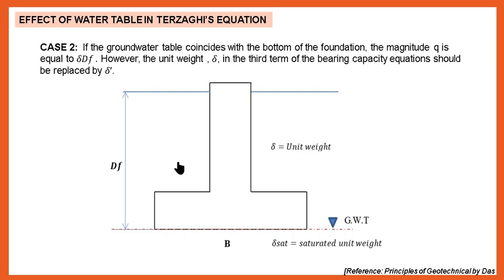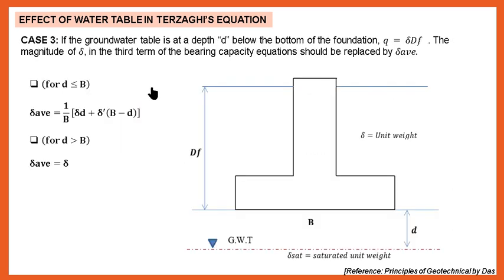And then the third case: when our groundwater table is below the bottom of the foundation, at a distance D below it. Here is our groundwater table, below the bottom of the foundation. Our Q is equal to gamma times dF, still the same.